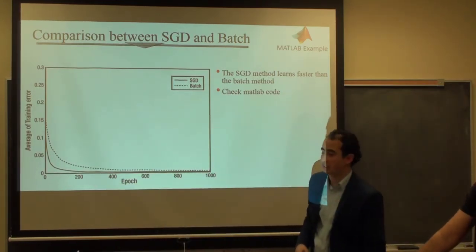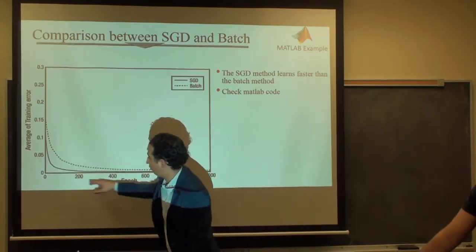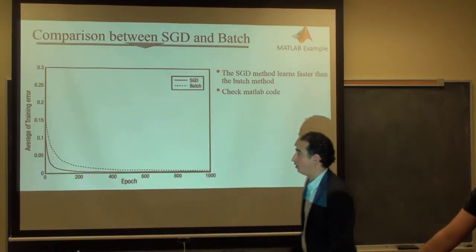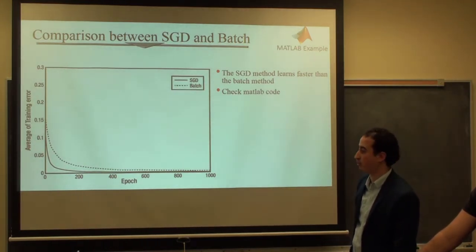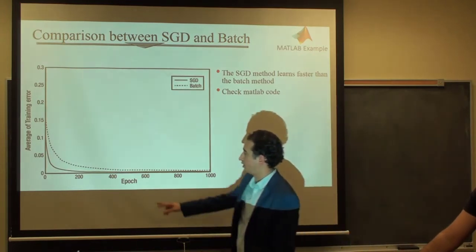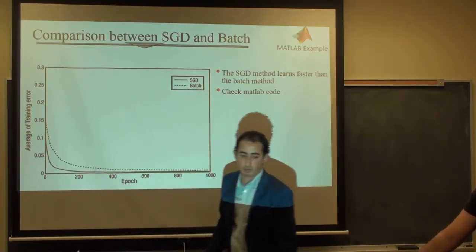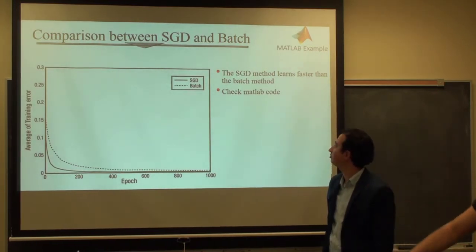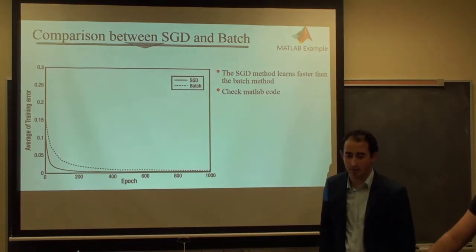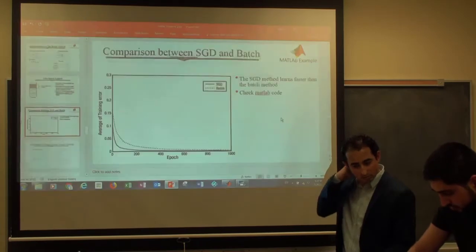The SGD gets to the data before, so it's faster. But the only issue is that it takes more processing time. So it's faster, but it takes more processing, because we do that derivative more times. So let's implement it in MATLAB.